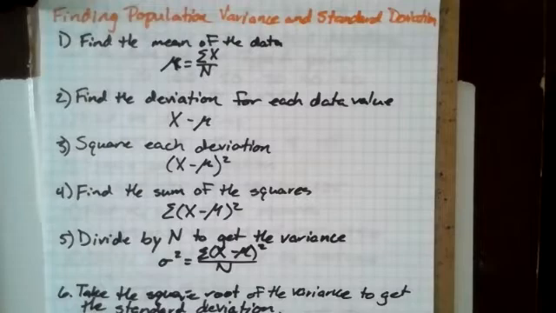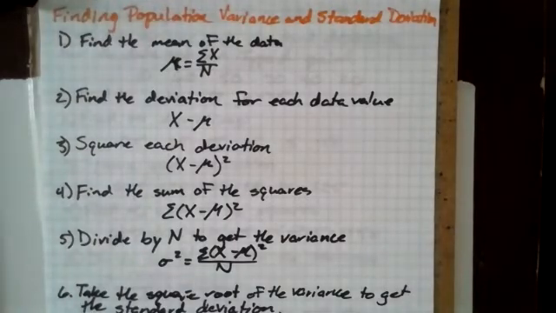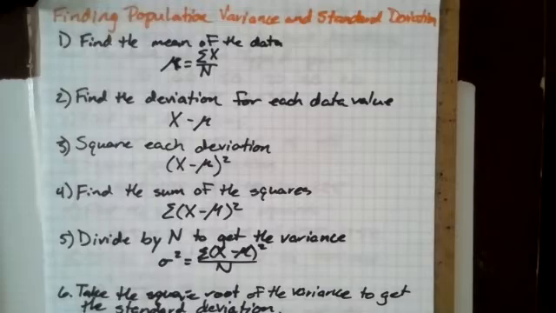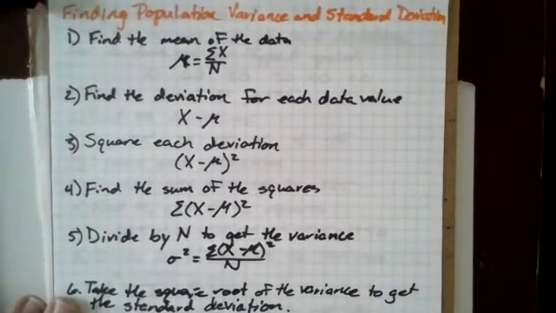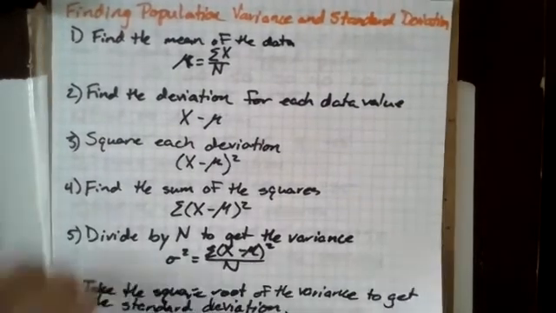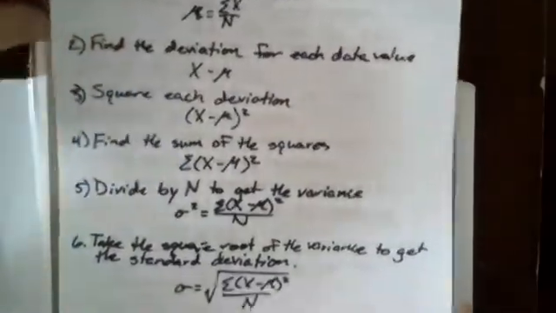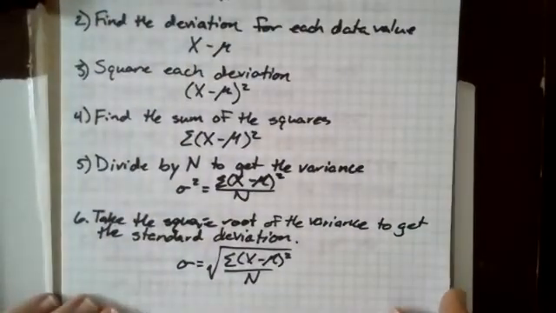So here is a procedure for finding population variance and standard deviation. First, find the mean of the data. Mu equals the sum of x over n. Then find the deviation for each data value, which is just x minus mu. Square each deviation, x minus mu squared.